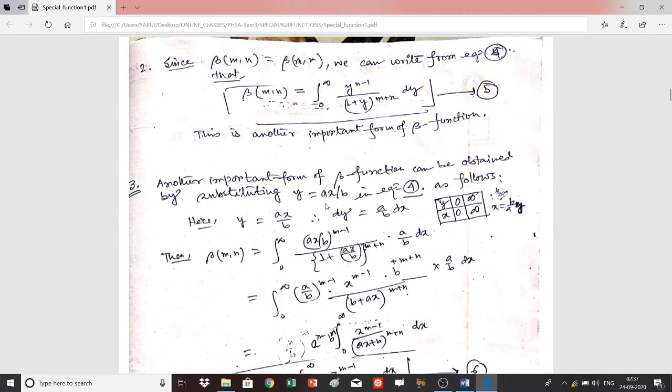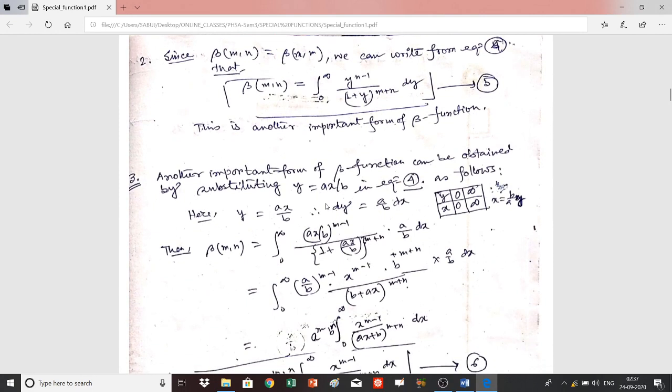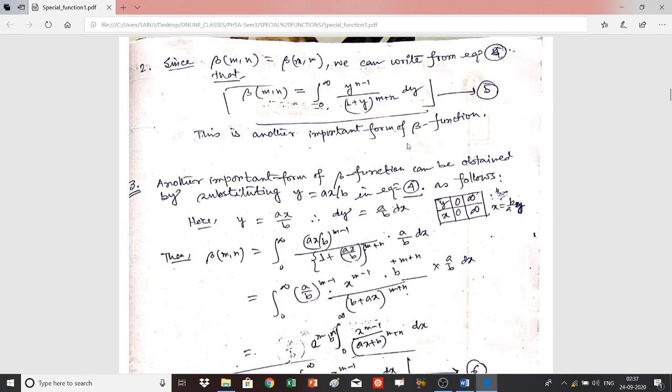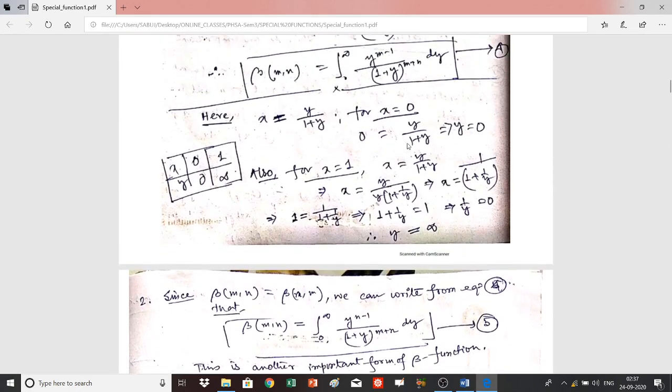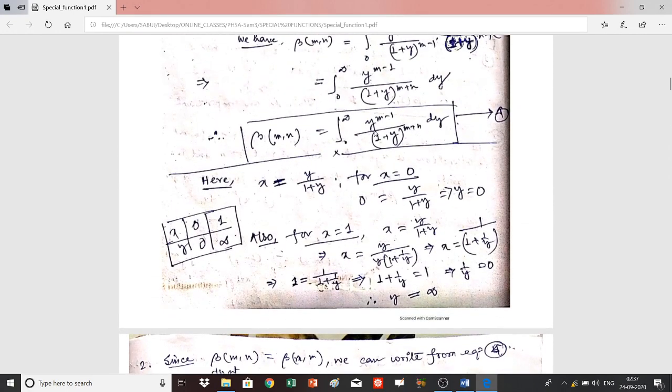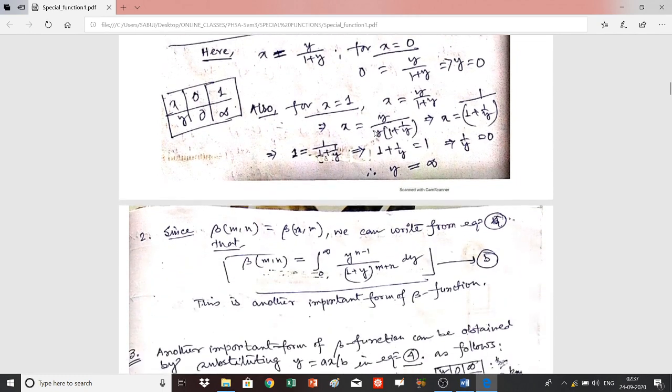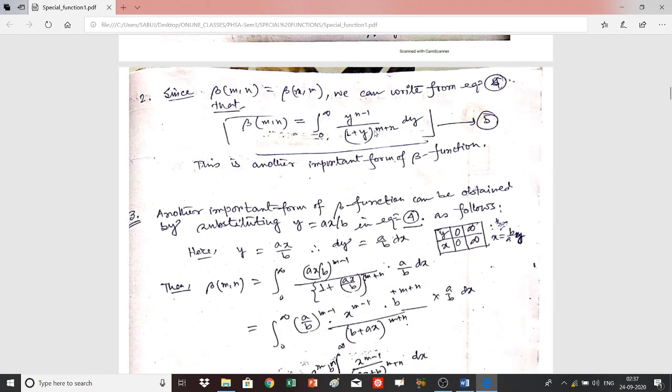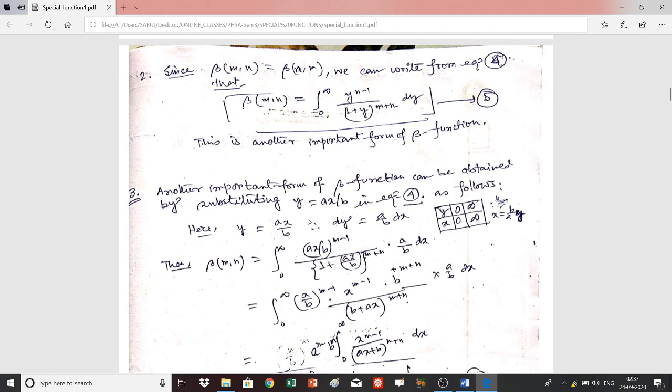Now another form of beta function can be obtained by substituting y is equal to ax by b in equation 4. That means in this equation, just substitute y is equal to ax by b. Now since y is equal to ax by b, from here you can write that dy is equal to a by b dx, and this is the change of the limits.